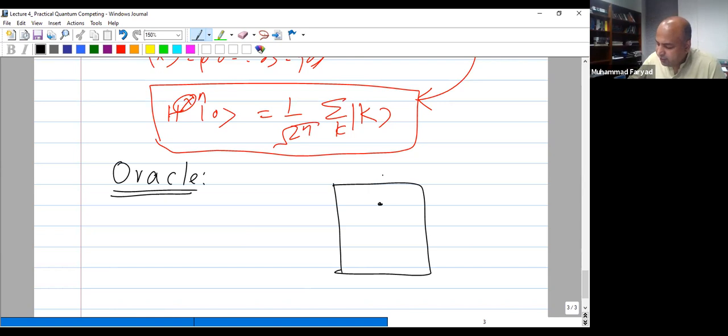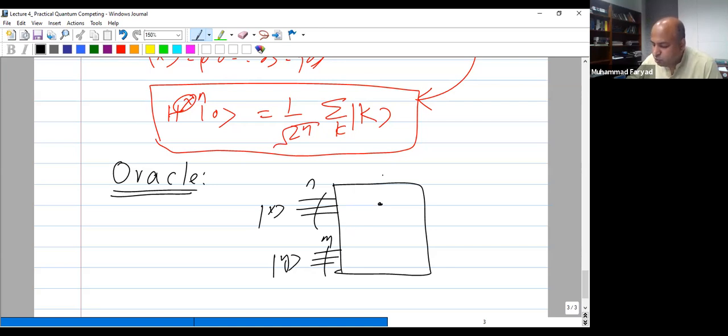So an oracle in general, you can think of as a device that takes n inputs called working inputs, let's say some input x, and then there could be some m inputs for ancillary functions that are just required for the working of the oracle, but may not be needed for the overall algorithm.